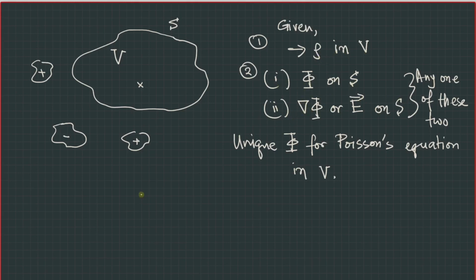This first condition is called the Dirichlet boundary condition, and the second one is called the Neumann boundary condition.